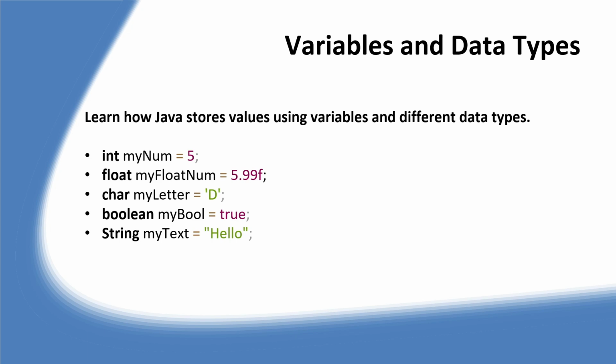For example, int my_num equals 5, and later we can assign my_num equals 10. A variable is a named memory location used to store data. The value stored in a variable can change during program execution.